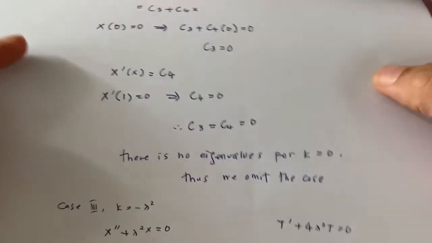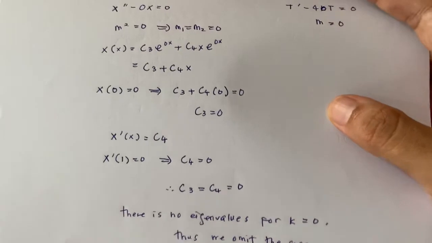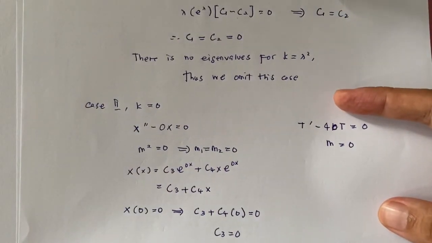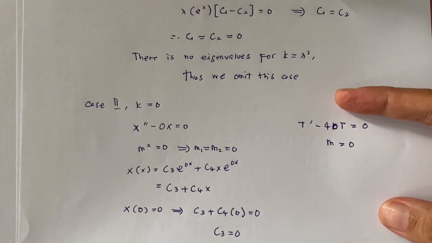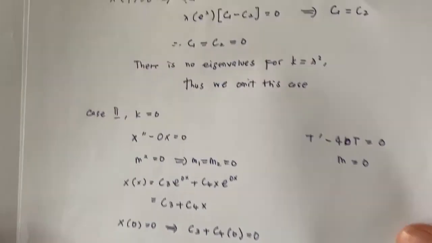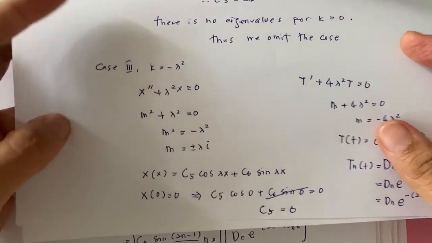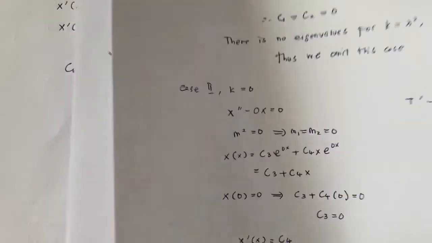But if in your final they ask you to prove that the first and second case have no eigenvalue, then you need to start with the first and second case. If not, you just start with the third case where k is equal to a negative value. Okay, so still it has a very long work to do.